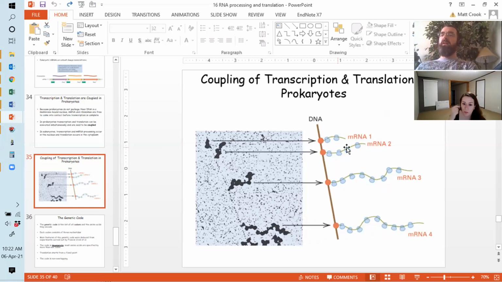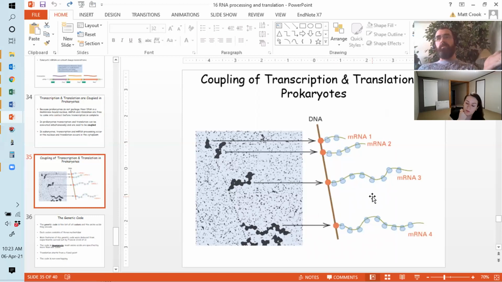It's really kind of neat because in a way you're cutting out another step, right? So this in some ways makes prokaryotes more efficient at gene expression than eukaryotes, because as soon as that transcript gets produced, you're producing protein from it.